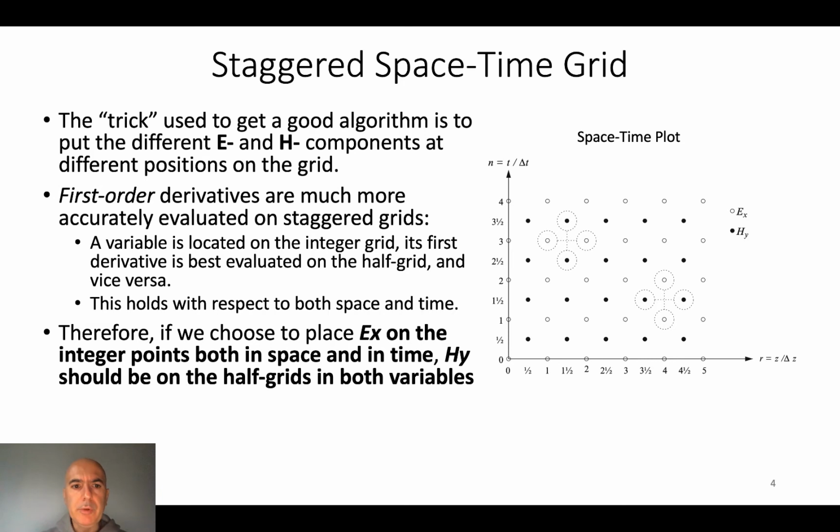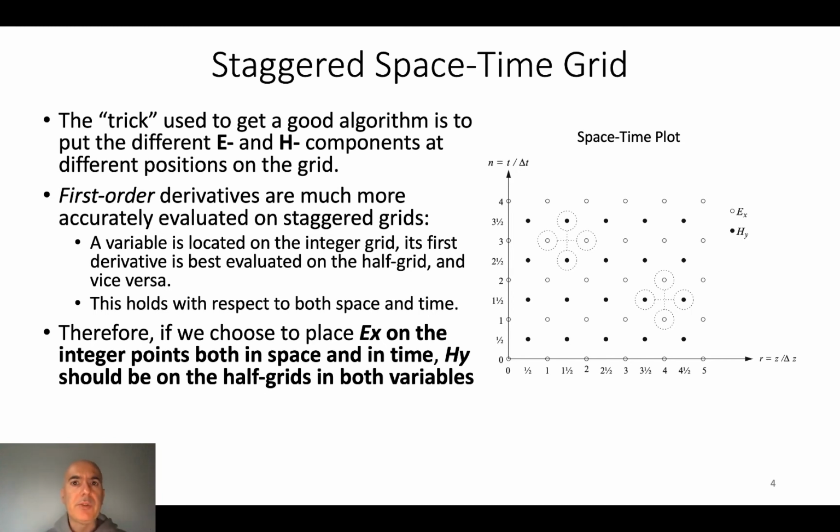So what we're going to do is locate our variables in specific parts of our grid. In particular, we locate a variable on the integer grid, and we evaluate its derivative on the half grid, and vice versa. We can locate a variable on the half integer and then calculate the derivative at the integer point.